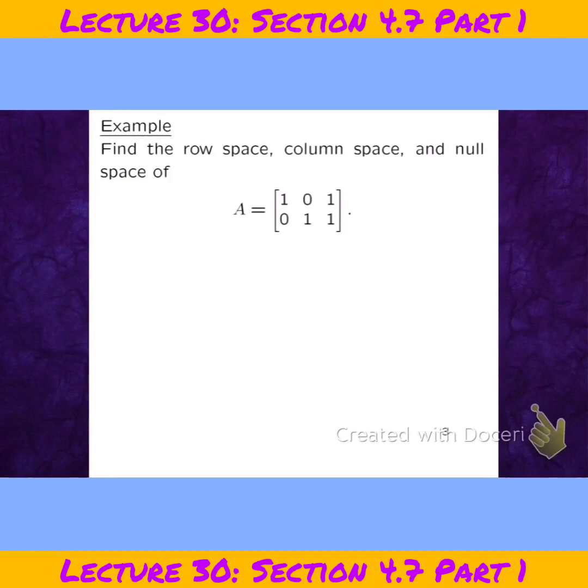Alright, so let's do our first example. They ask us to distinguish between the row space, column space, and null space. So there we're given a matrix and we are asked to find the row space, the column space, and the null space. So what is the row space? There we've got our first row.